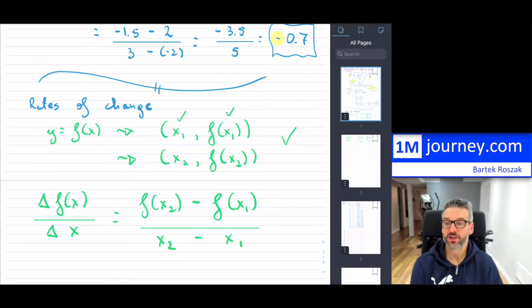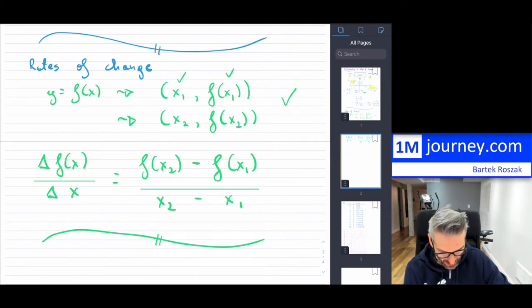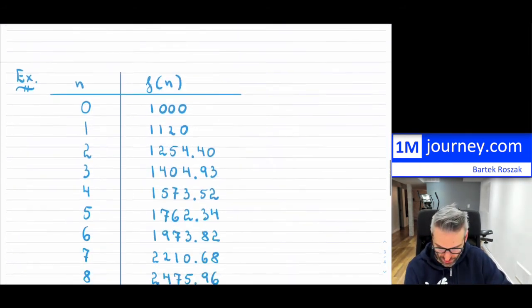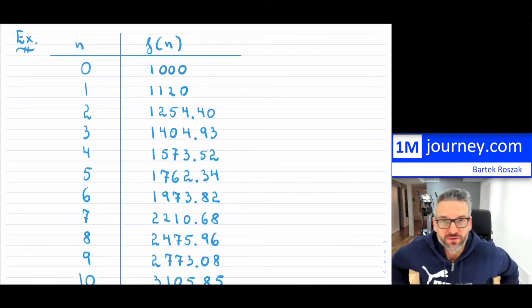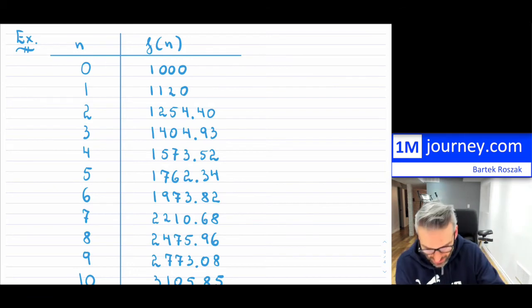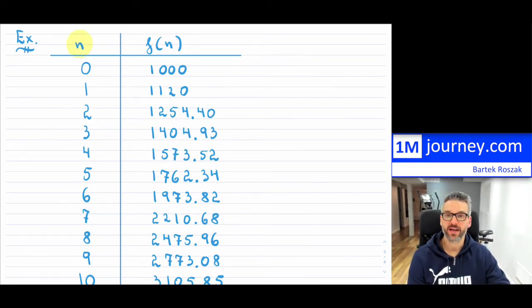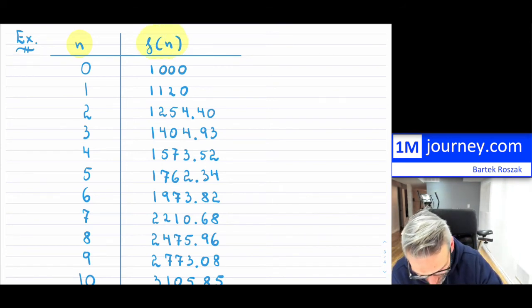So let's take a look, because I want to show you these rates of change and then how they can be calculated, even from something like a table of values. So in here, they don't even give us what the function is. So we have some input maybe, and now this input is designated with an n, not necessarily an x, and then our output is f at n.